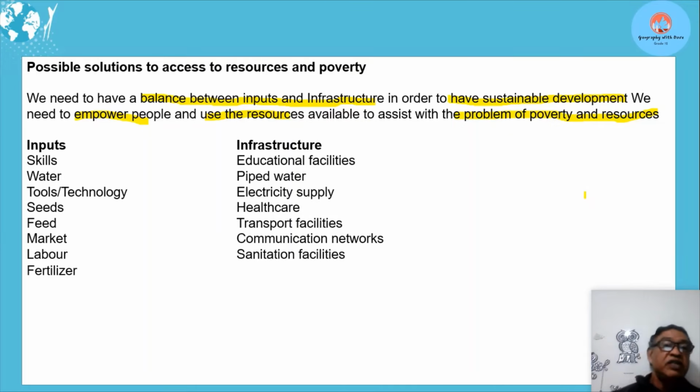So let's look at some of these inputs. You have to teach people skills, so you have to build educational facilities that will teach them. Water. You can have water available, but it can spread so many diseases, so you have to create piped water of quality available to people.